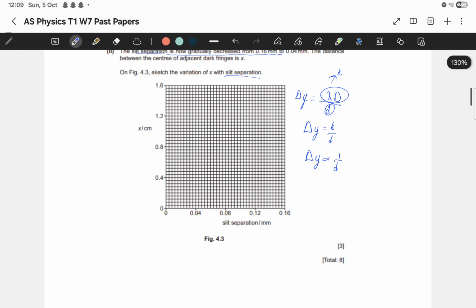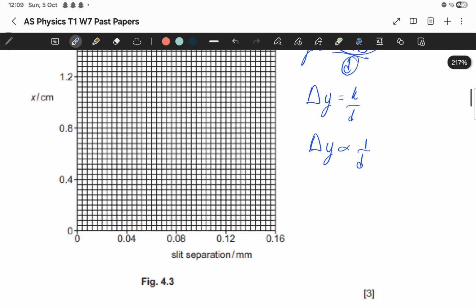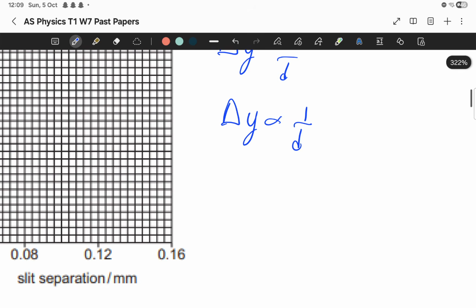Now, what this means for me is that they're inversely proportional. So when delta y increases, d will decrease. That's what this is saying.